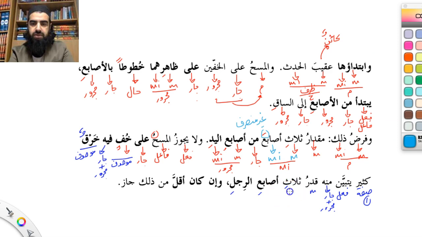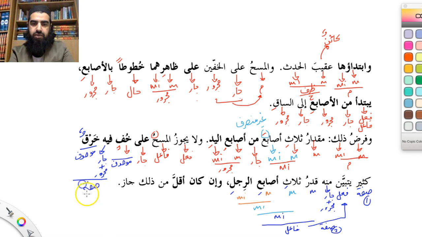Let's put that in there, so that's mudaf. And then asabi is mudaf as well, rijl is mudaf ilayh of that. Mudaf plus the mudaf ilayh becomes mudaf ilayh of thalath, and then all that becomes mudaf ilayh of qadr, and all that becomes the fa'il of yatabayyan. Okay, so that's yatabayyan, nice. And that becomes the second sifa, al-thaniya. All that actually becomes the jumla, right? It becomes a sifa. Jumla ismiya khabariya becomes sifa of khuf.